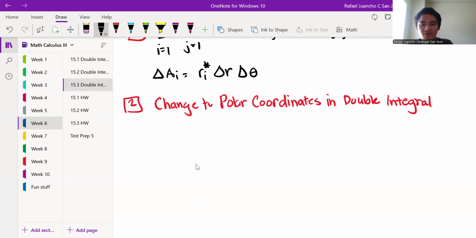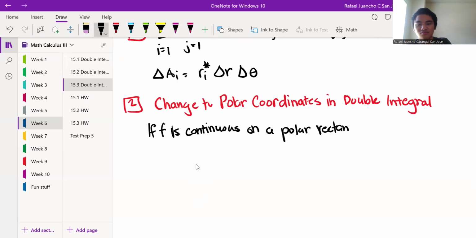Now, what do I mean by this? We'll write a brief background here. So let's say f is some continuous function on a polar rectangle. Let's say that's R, and that R is basically this thing: 0 less than or equal to a, less than or equal to r, less than or equal to b.